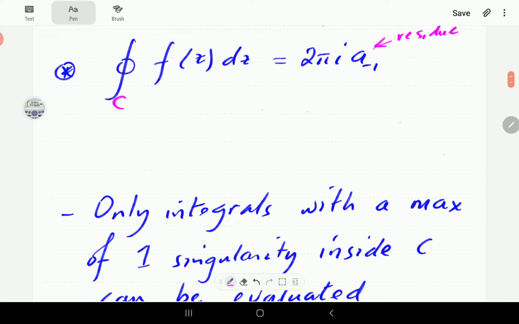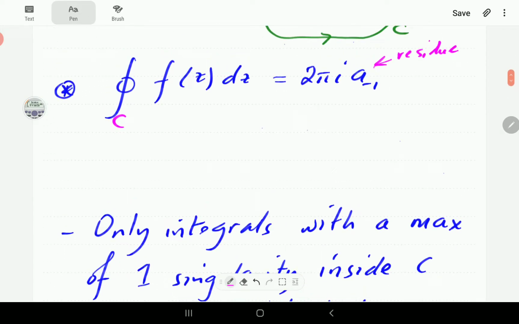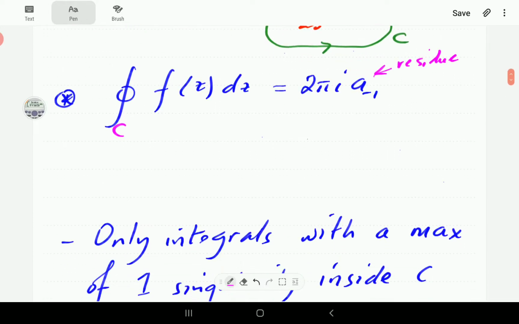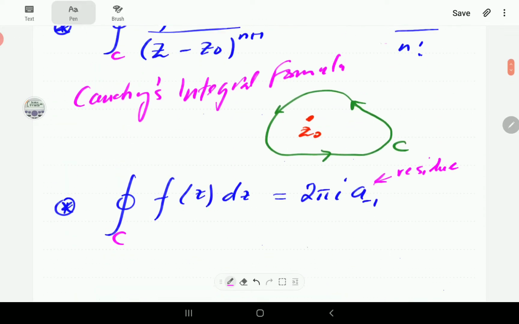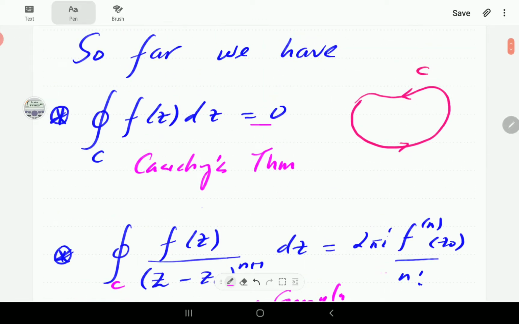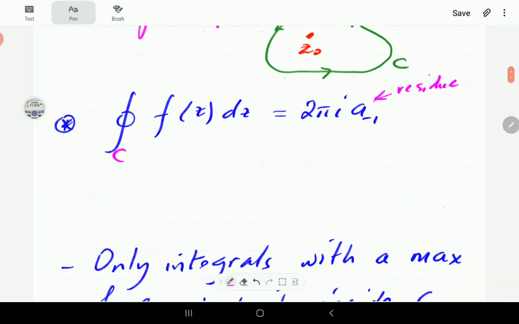Okay, so what this means is that in the theorems or results that we have so far, we can evaluate integrals with a maximum of one singularity inside our contour. So either one singularity or no singularity at all in the case of this first one.